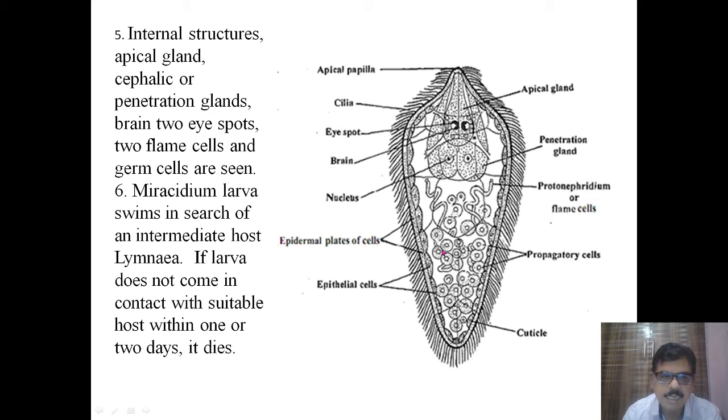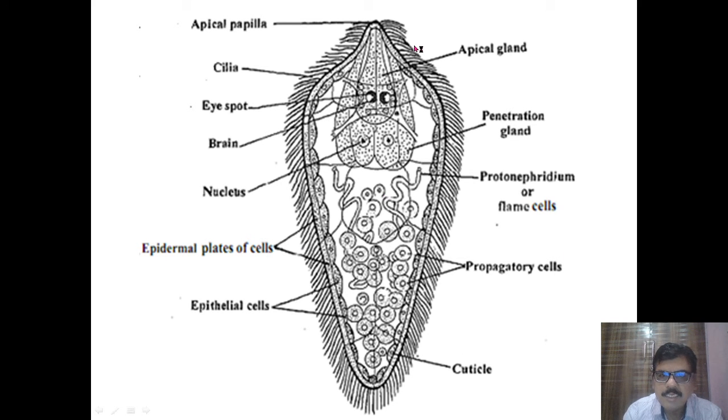That is a snail, Limnia. The snail of genus Limnia is the intermediate host of this Miracidium larva. If the larva does not come in contact with this Limnia or a suitable host within 1 or 2 days, it dies. So you have to draw this diagram.